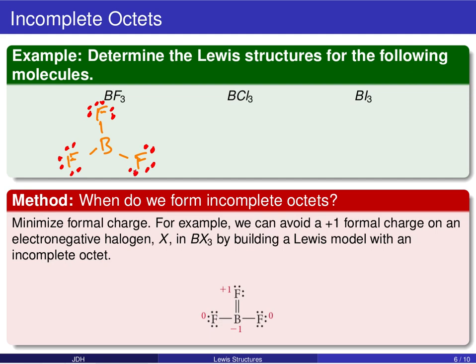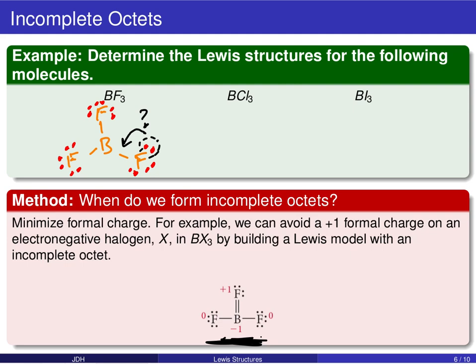Couldn't I have taken one of those pairs of lone electrons here and folded it in to make a structure that looks like this down here on the bottom? Okay, well, of course you could do that. But then the question comes down to whether or not you should do that. And in order to answer that question, we're going to go back to our good friend formal charge.